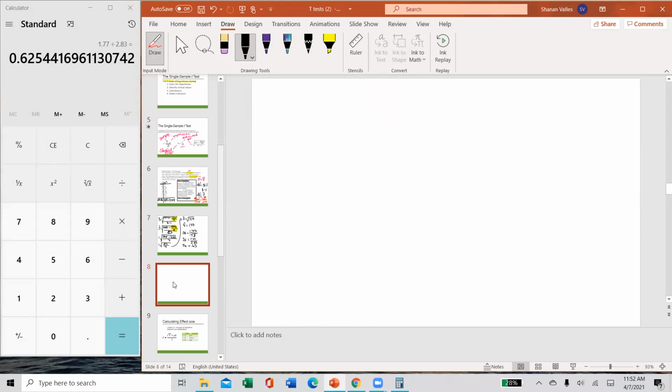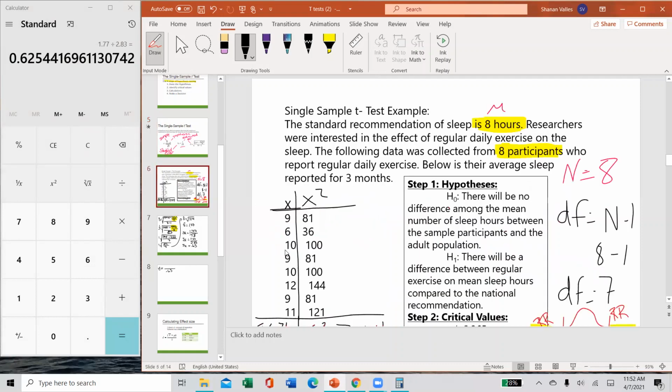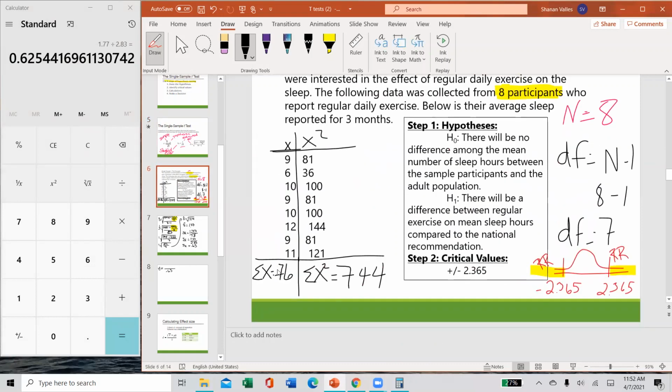And now we get to do our t-test. However, we're missing a number. We're missing a number, right? If we look back at our t right here, we have our standard error now. We have the population mean, or the recommendation or average sleep is 8, but we don't know what our sample mean is, okay? But that's okay. We can do that real easy because we already calculated sum of x, all right?